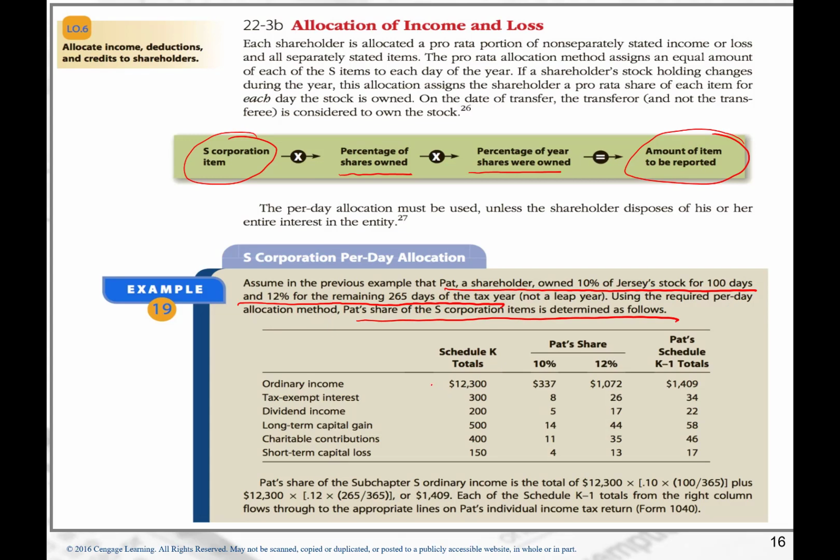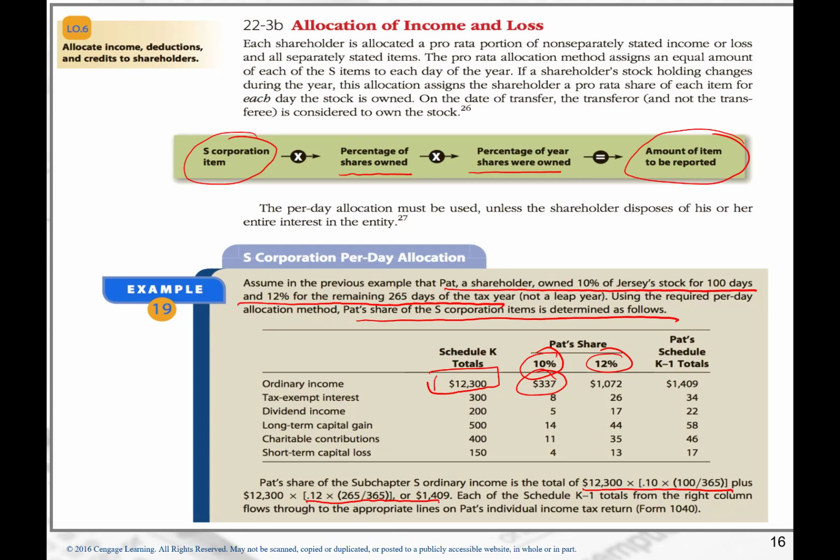So first there's that non-separable ordinary income of the S corporation that's going to be allocated to Pat. For the 10% allocation, that was 100 out of the 365 days, and that's how we got this 337. Then for the 12% allocation, that was the remaining part of the year that Pat had 12%.